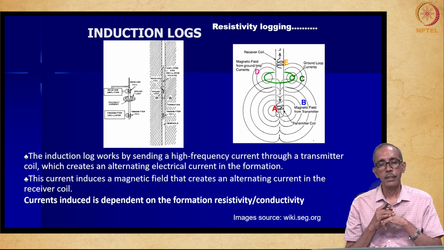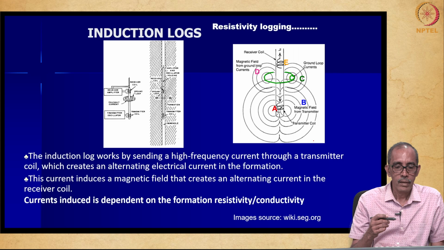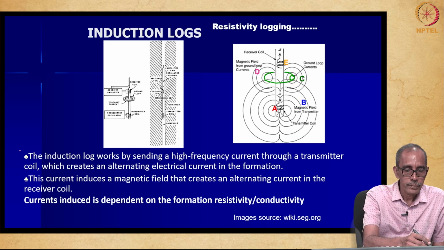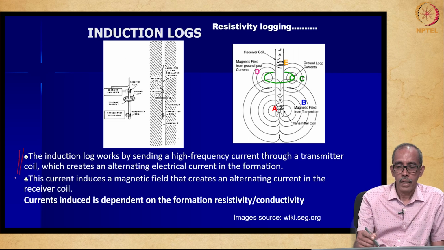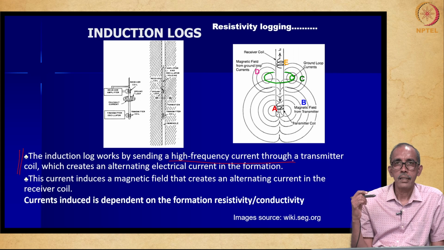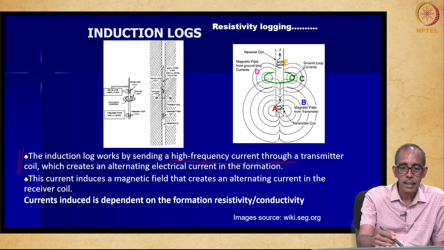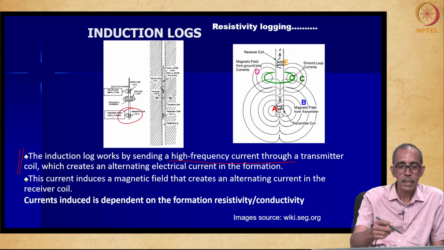How are we carrying out induction logging? So, we had already seen that a high frequency current has to be transmitted. That means we need one coil to transmit current, that is here, right. It is actually in a sonde.